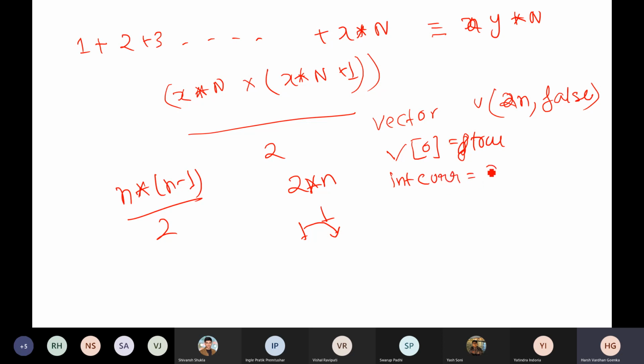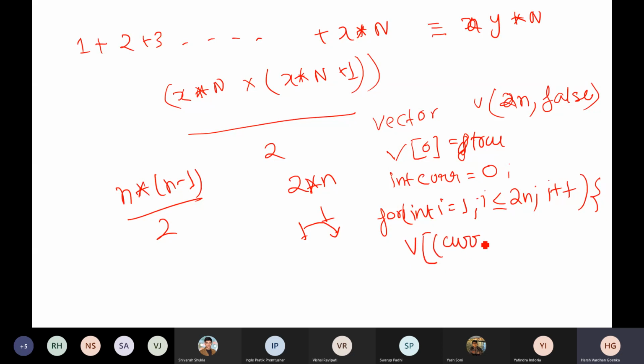Currently my position is 0. Now I have to move by a distance of 1, and I have to just do 2n moves. So I'll loop from i equal to 1 while i is less than or equal to 2n, i plus plus. The next cell which I would visit will be current plus i, mod n.